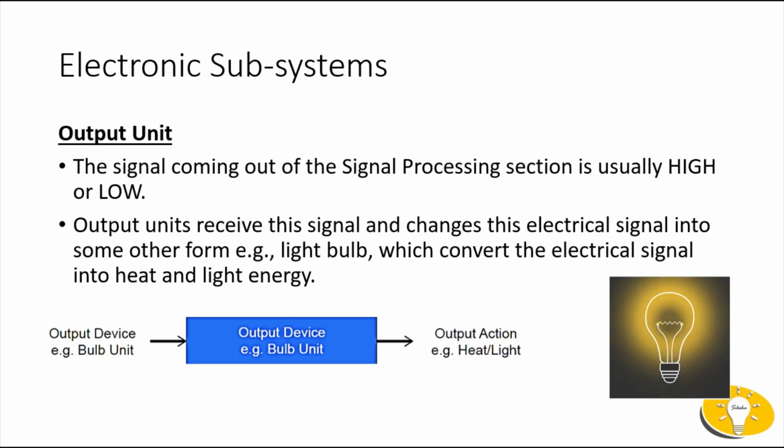Now, most of the input sensing units cannot supply sufficient current to directly drive the output unit. Therefore, we need a driver or output switching device to boost the voltage signal from the input sensing unit. We will study about them in the next class.